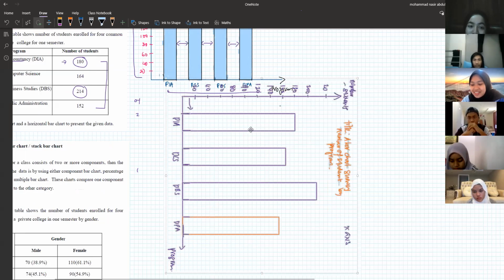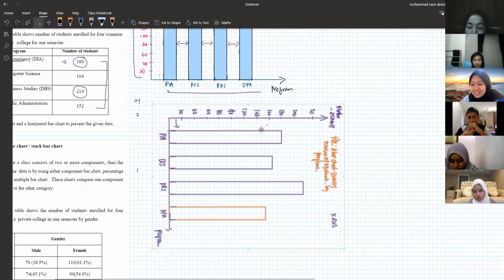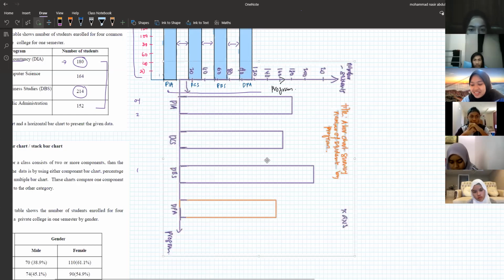So this is a horizontal bar chart. But actually, a horizontal bar chart looks like this. The title of the graph should be up here. Okay.